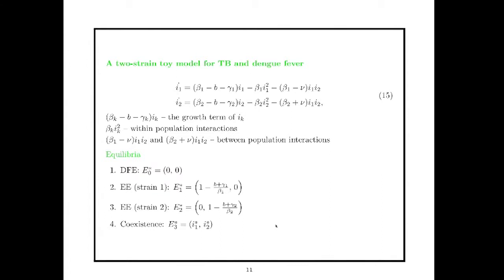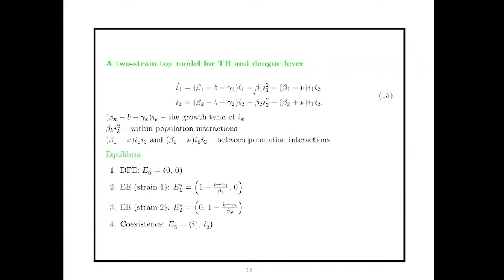So again, we have this so-called bilinear or quadratic system. It's a two-strain system, two classes of infections, I1 and I2. And you can see that the concentration of individuals in the I1 class grows at a particular rate. Okay?